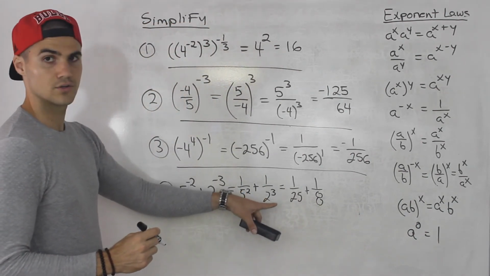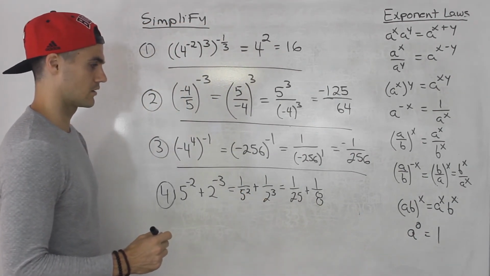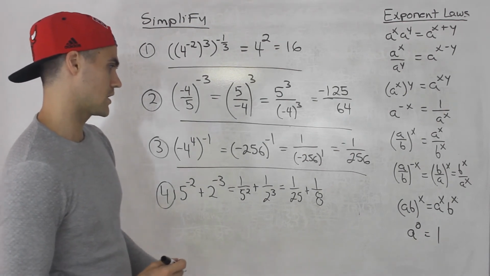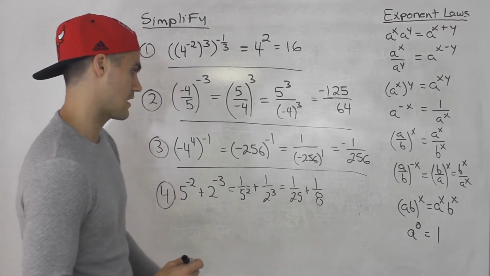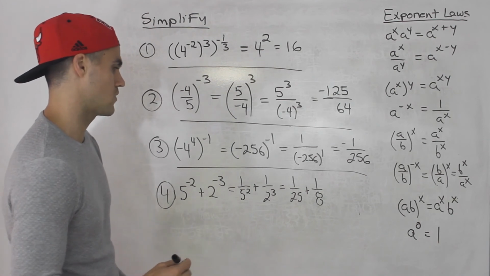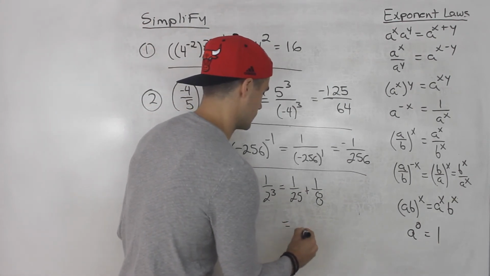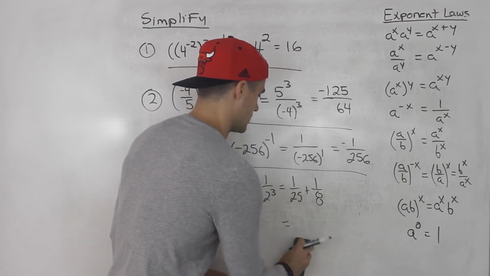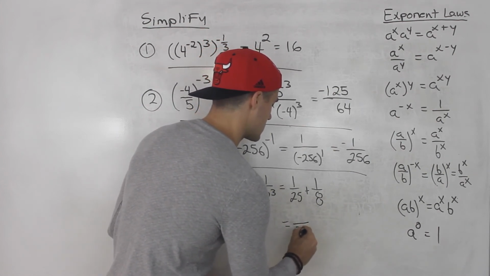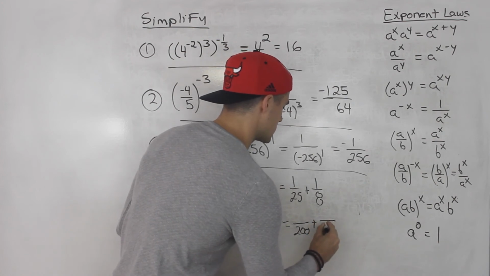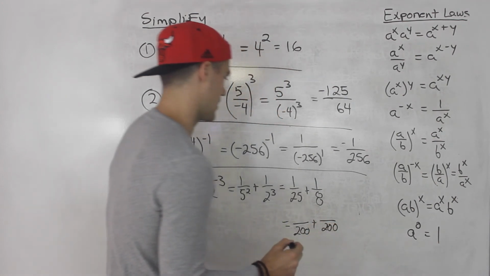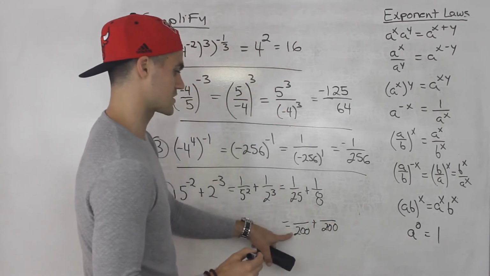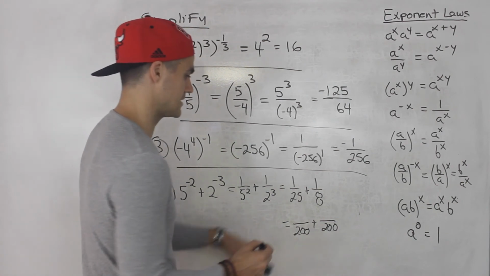And then from here, you just get a common denominator. The common denominator between 25 and 8 would be what? 200. So this is going to be over 200, and this is going to be over 200. 25 goes into 200 how many times? 8 times.